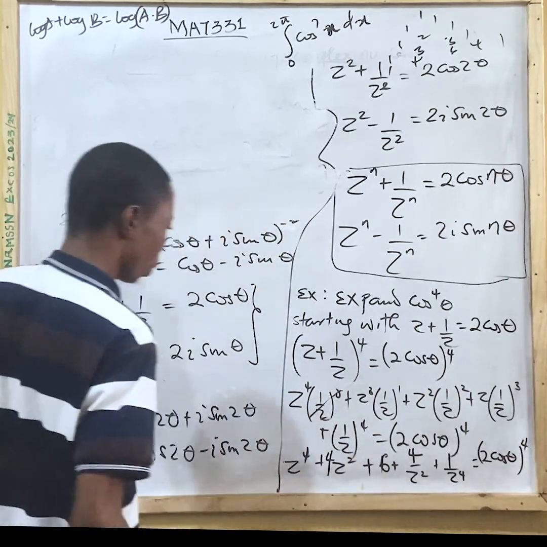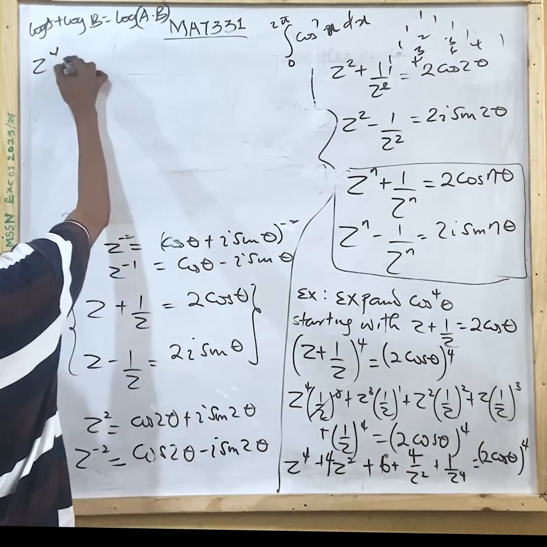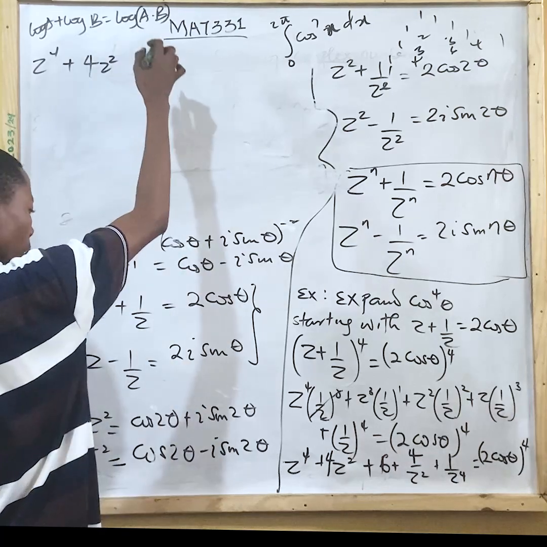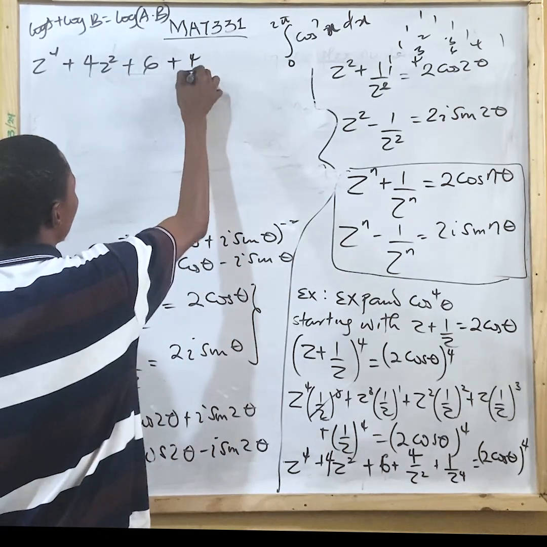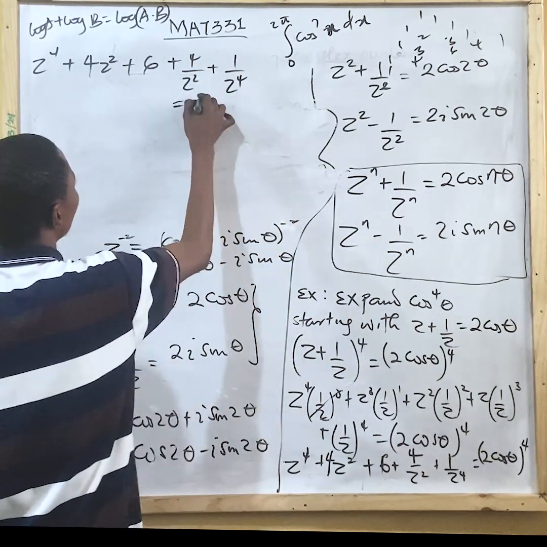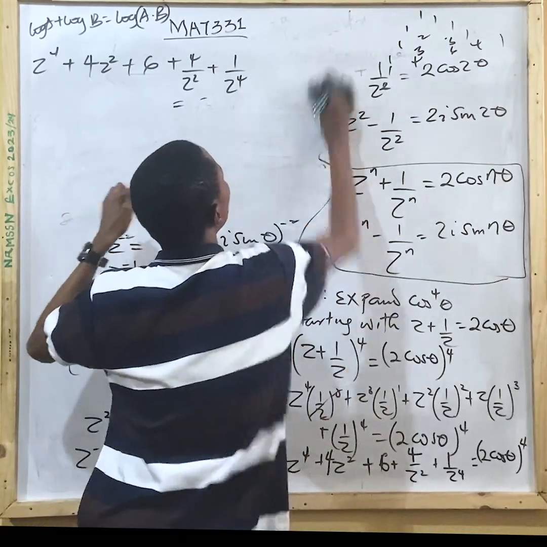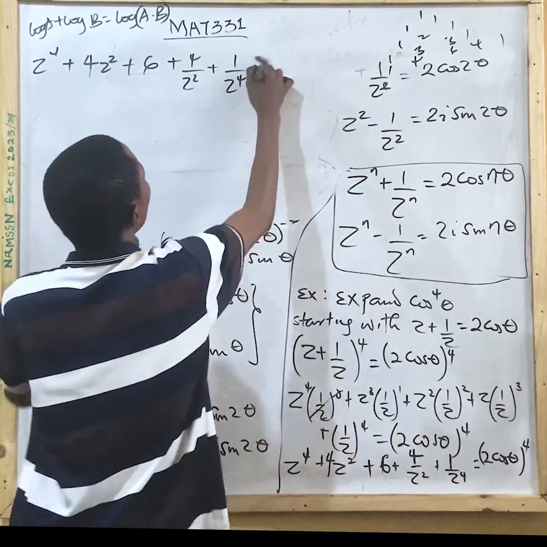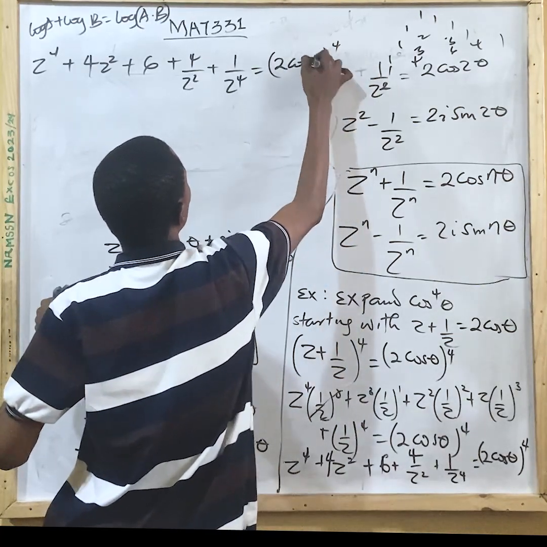So from there, let me write it again. This is z^4 plus 4z squared plus 6 plus 4 over z squared plus 1 over z^4 is equal to (2 cos θ) all raised to power 4.